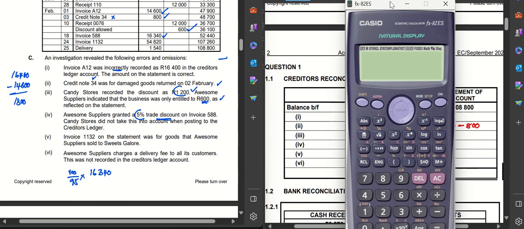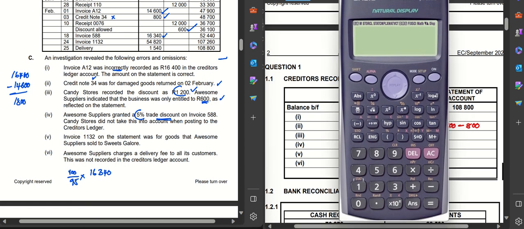If we say what we want is 100, and then we divide it by 95, and then we multiply that by 16,340. That shows us the amount before discount was 17,200.